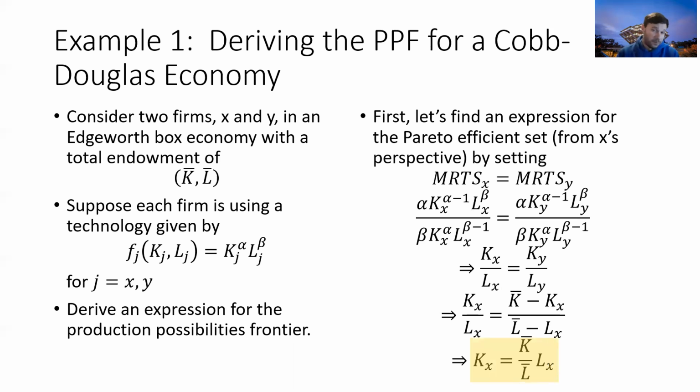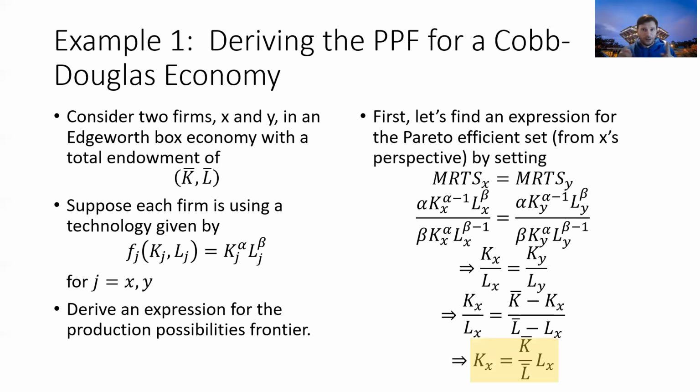And you might have done enough problems to recognize this feature, but if the technologies are identical, or if the preferences are identical, the Pareto set winds up being the diagonal of the Edgeworth box when we have these nice smooth continuous preferences. And that's exactly what that expression in the yellow box is. Think about it.